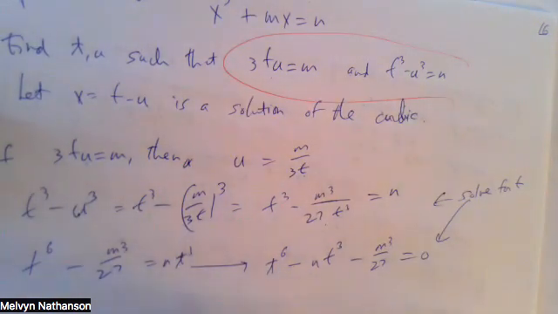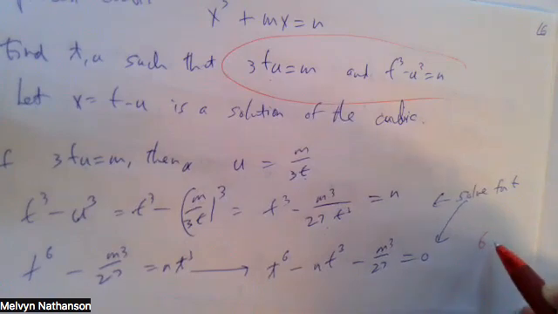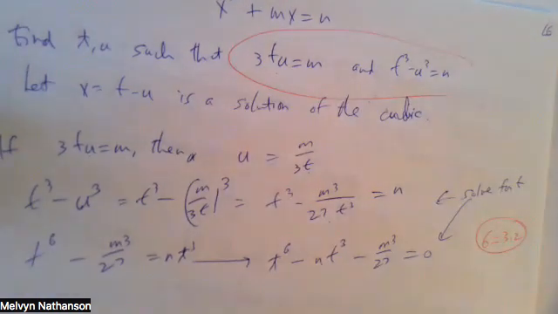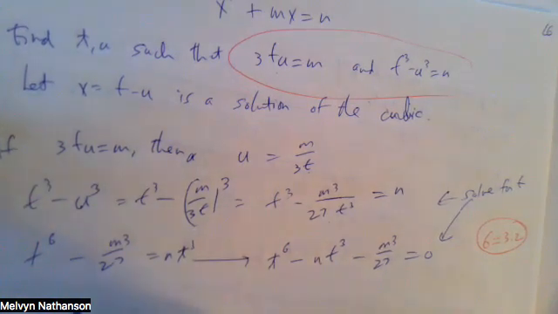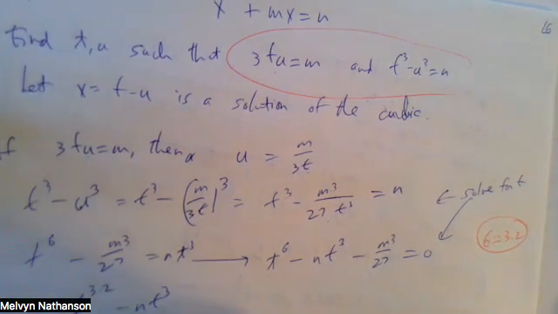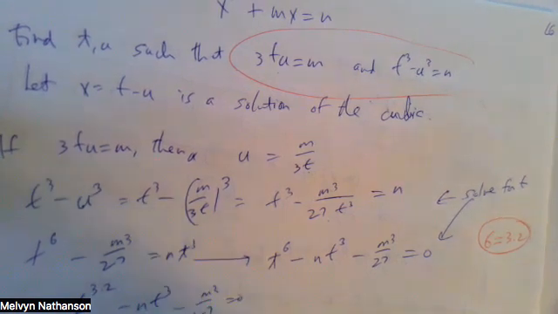But we're lucky because we have t to the 6th power, but the only other power of t is t cubed. And it's good to remember that 6 is 3 times 2. So this is the same as t to the 3 times 2 minus nt cubed minus m cubed over 27 equals 0.